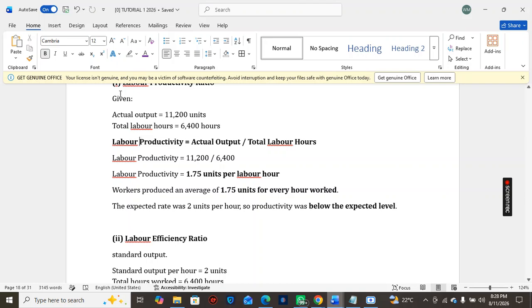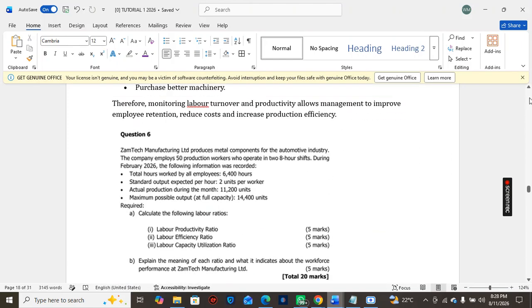The actual output, which is given in the question, is 11,200 units. The total labor hours, 6,400 hours. This information is here: total hours worked 6,400, actual production 11,200.